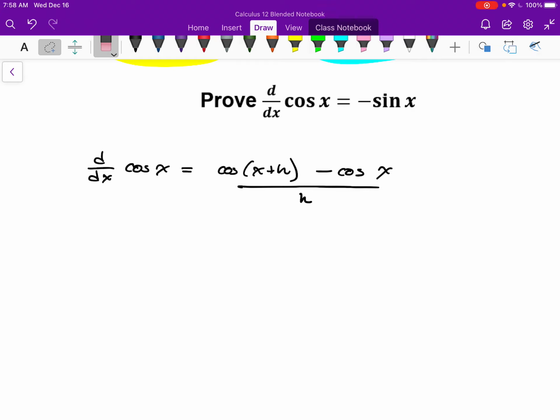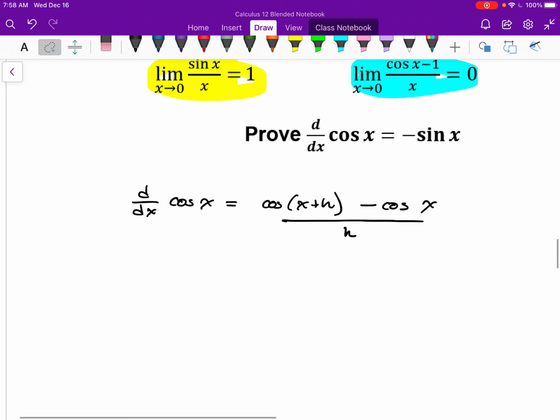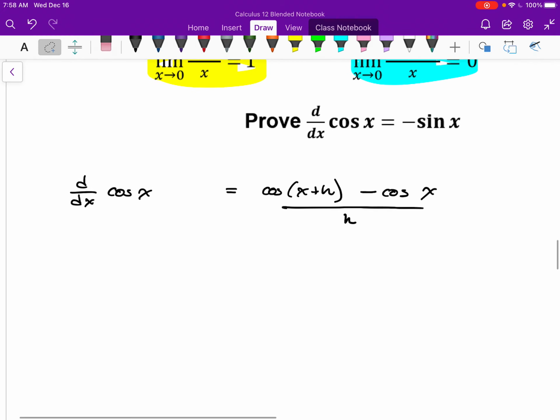So let me squish that in there. Take 2. All right, so that's just the definition of the derivative with, instead of f, I have cos x.